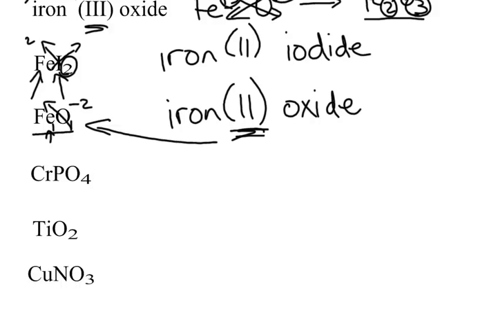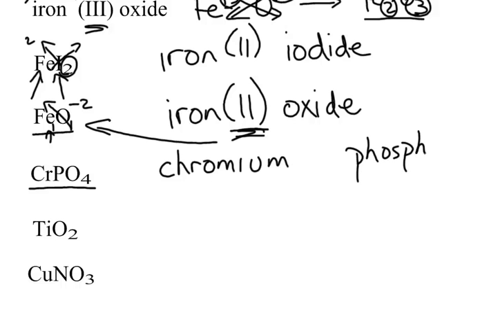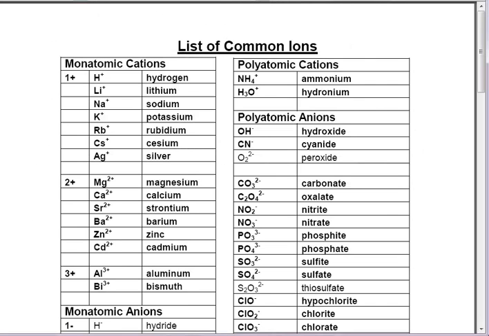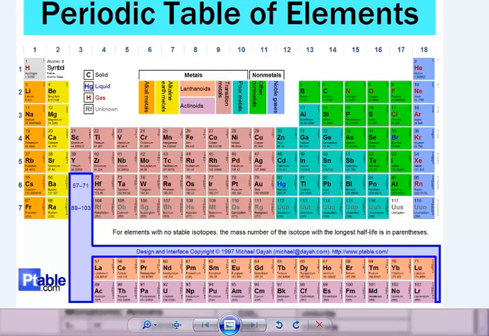You'll notice we've got 3 different elements here: chromium, phosphorus, and oxygen. That's actually, when you look at your list and you look at your periodic table, chromium phosphate. And again, of course, when you look at your periodic table, you're going to find that chromium has 3 different combining capacities: +2, +3, and +6.